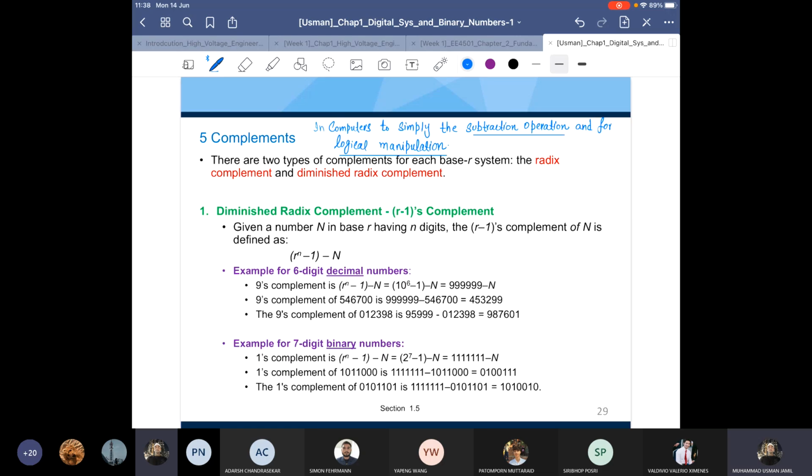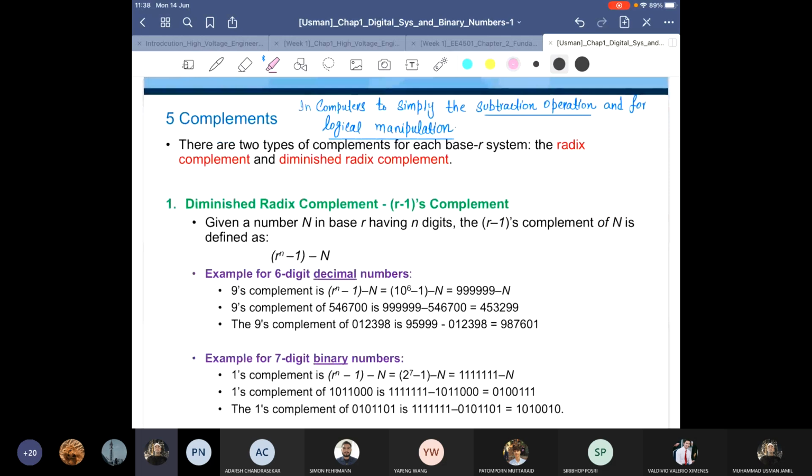So there are two types of complements. One is called radix complement and the second one is called diminished radix complement.